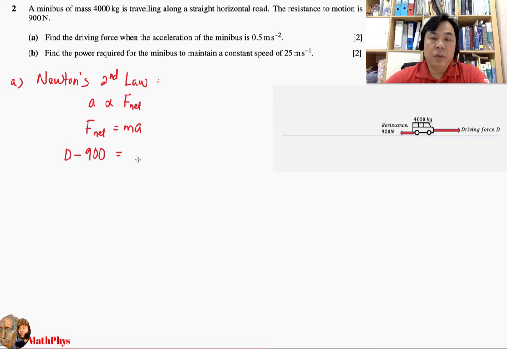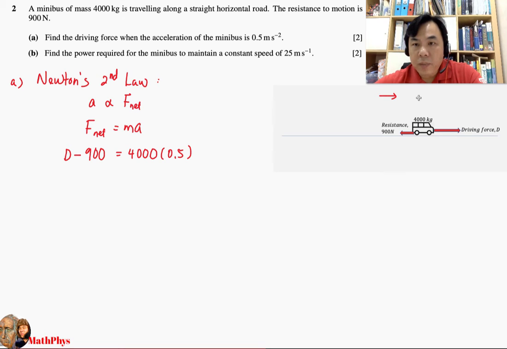And then the difference between these two forces would produce an acceleration on the bus itself. The bus is having a mass of 4,000, and we knew that the bus is moving at 0.5 meter per second square in this direction.